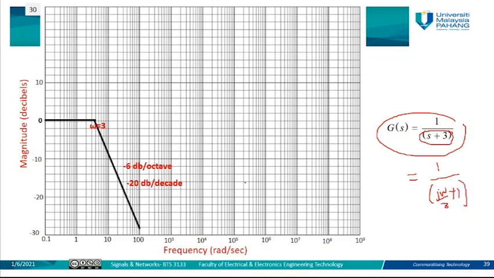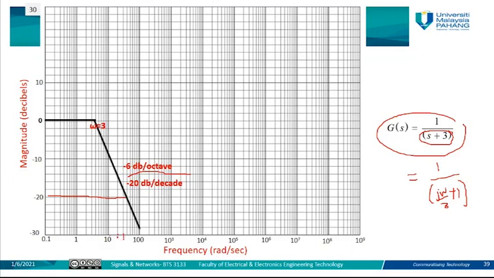In order to draw this one, before 3, it is all equal to 0. After 3, it will be negative 20 dB per decade. That means from this point, which is 3, until the point of 30, this point here, you can see here, this is 10, 20, 30.